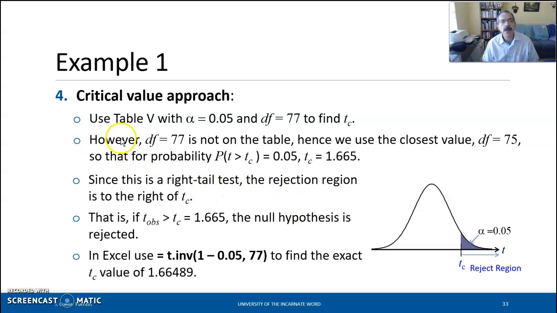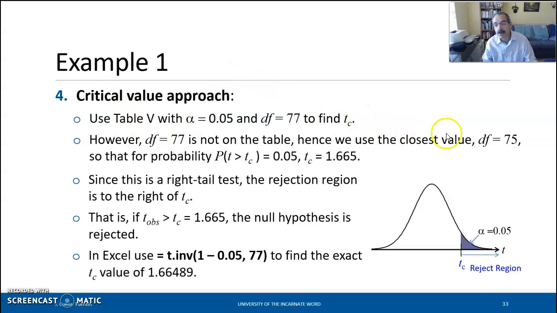All right, so we're going to use table 5 with a significance level of 0.05 and the 77 degrees of freedom to find the critical value. Now, when you look at your table at the column where it says probability 0.05 and scan down, you don't find the row for degrees of freedom of 77.